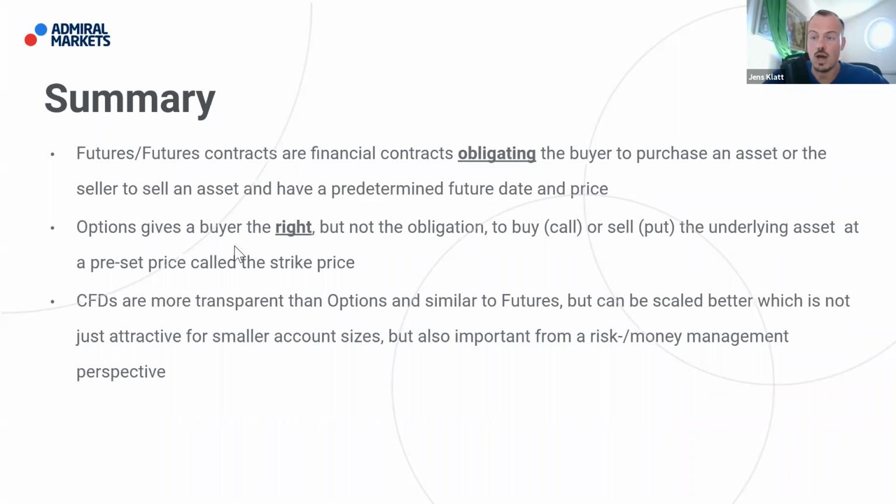Options give a buyer the right and not the obligation to buy, a call option, or sell, a put option, the underlying asset at a preset price, which is called the strike price. And again, CFDs are more transparent than options and similar in their pricing to futures, but can be scaled better, which is not just attractive for small account sizes, but also important from a risk and money management perspective. So that's the summary of today's webinar.